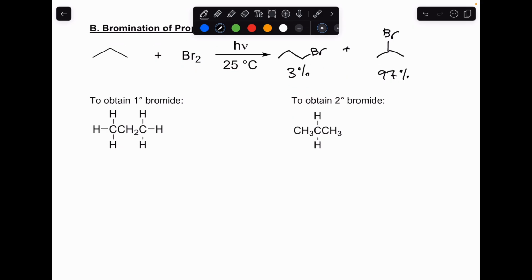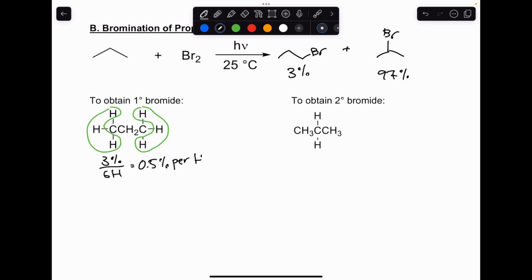Remember, to obtain the primary bromide, we need the reaction to happen at one of these 6 hydrogens again, right? So to calculate the relative reactivity, we could do 3% divided by 6 hydrogens, and it's about 0.5% per hydrogen.